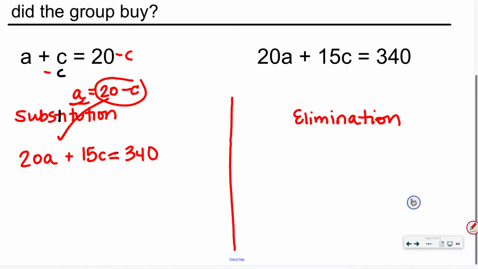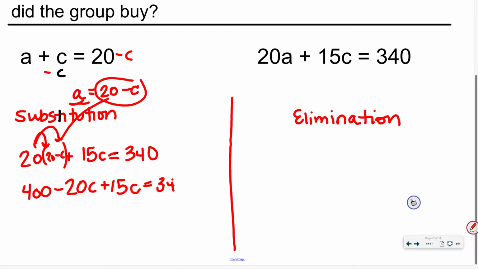So down here where I see an A, I'm going to take it out. 20 minus C. Can I solve that equation now? I can. Where would I begin here? I can distribute. Good. 20 times 20 minus 20C plus 15C equals 340.